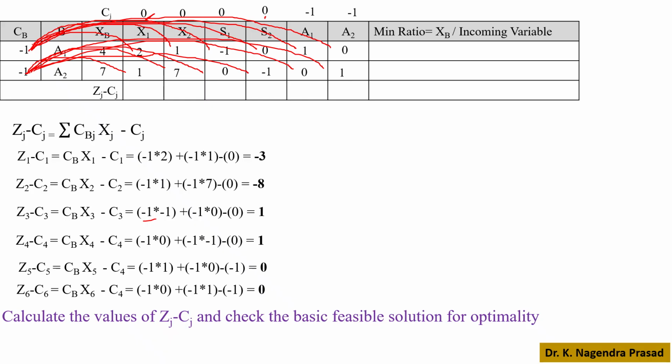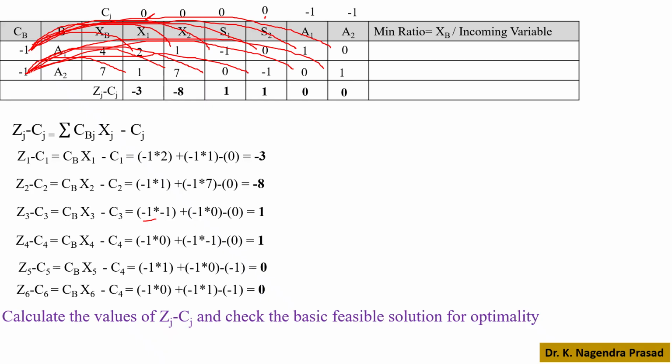If all the Zj minus Cj values are greater than or equal to 0, then we get the optimal solution. If any one Zj minus Cj value is negative, we are not getting the optimal solution. If the Zj minus Cj values are negative for more than one, we have to select the most negative value.